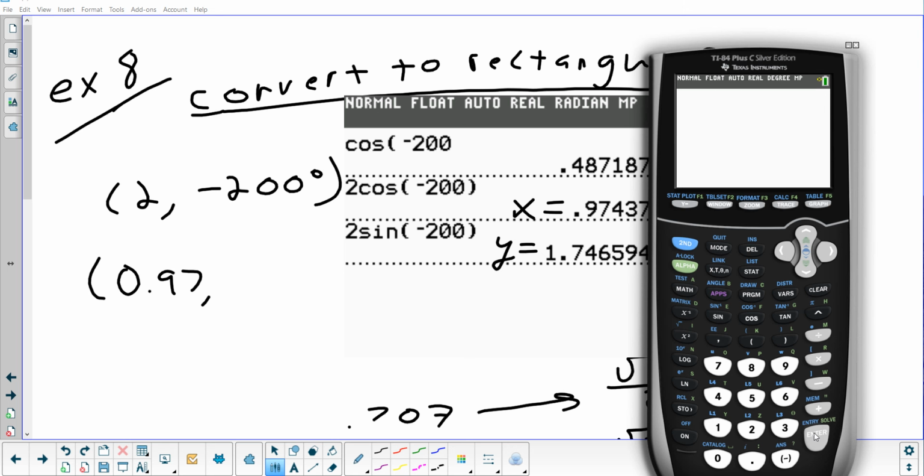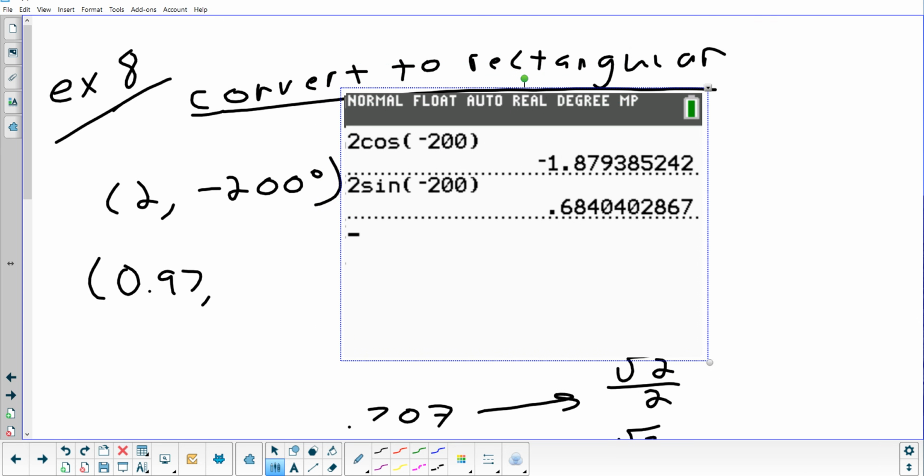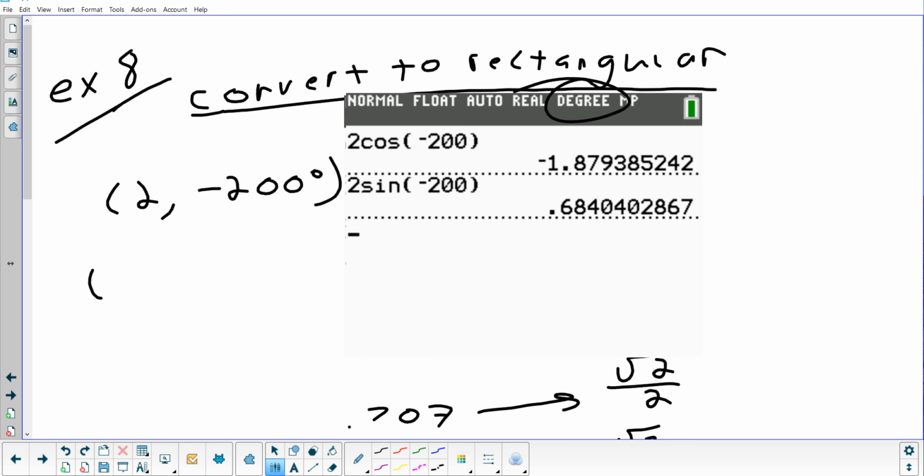So x is negative 1.88 and y is 0.68. Now we're in degrees. That's an easy mistake to make. You don't want to make that mistake on the test. Or at least if you do, hopefully you catch it like I did before you finish the test.